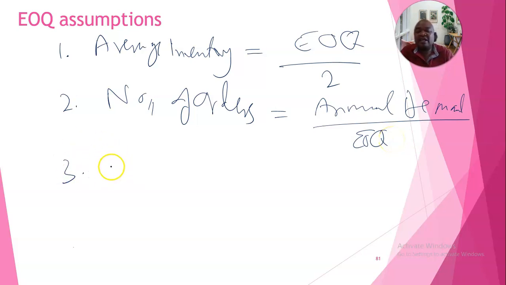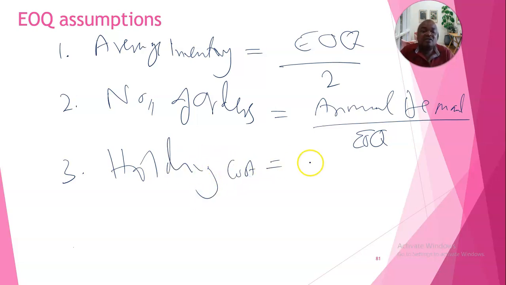However, the holding costs are related to the EOQ divided by 2, because they relate to the average inventory, as we did before, multiplied by the holding cost per unit.